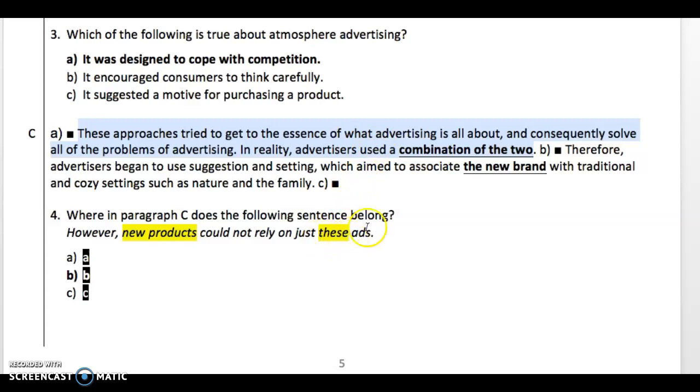Yani these ads, right? And when you read the sentence after B, you see the new brand, which is new products. So this sentence must be placed in B.